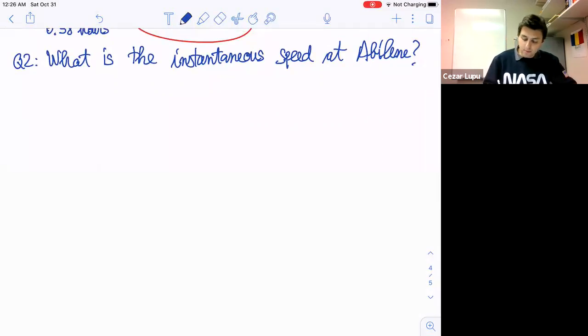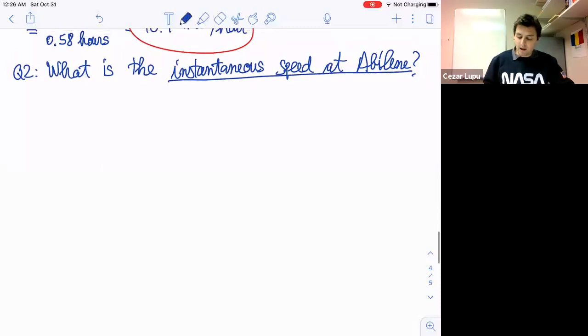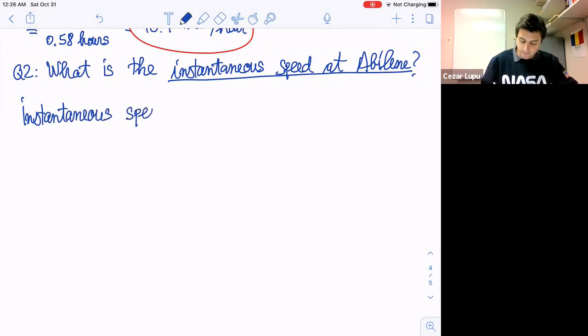Well, we want to see this. This is nothing else than the slope of the tangent line to the graph at the point A, where Abilene is.